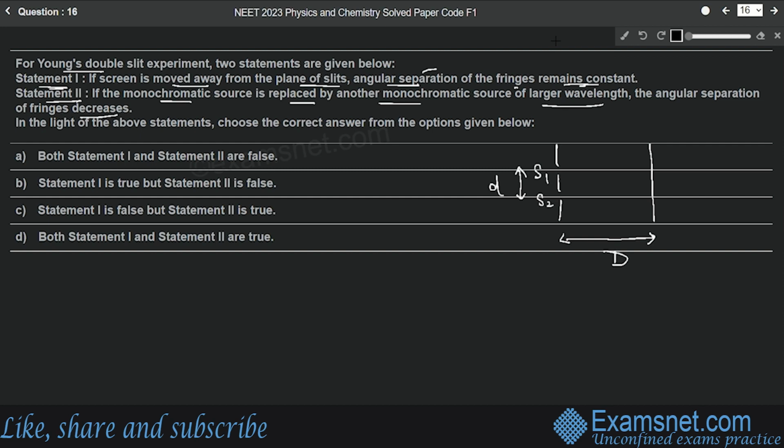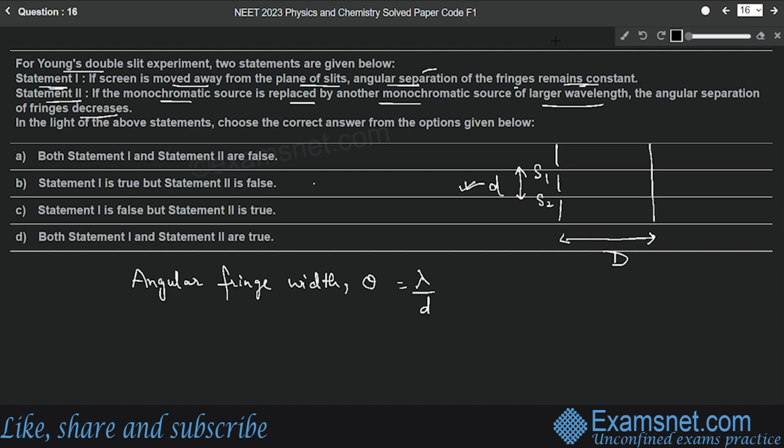That is taken as theta. So, let's write it down here. Angular fringe width theta is equal to lambda upon small d. Okay, so this depends on the separation between the two slits, small d.